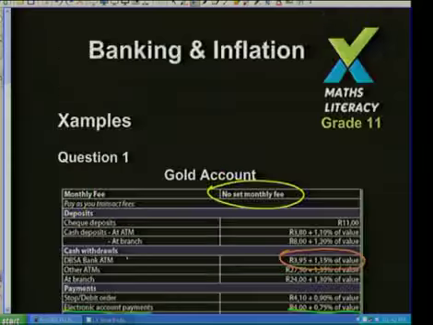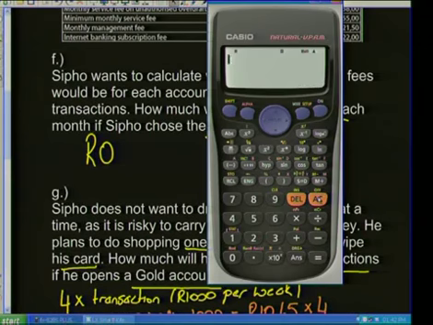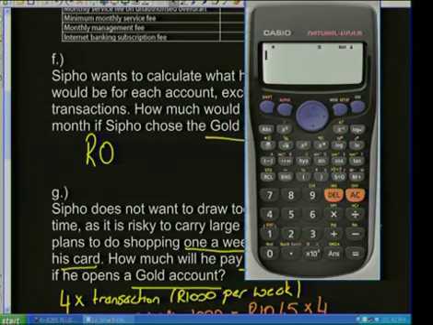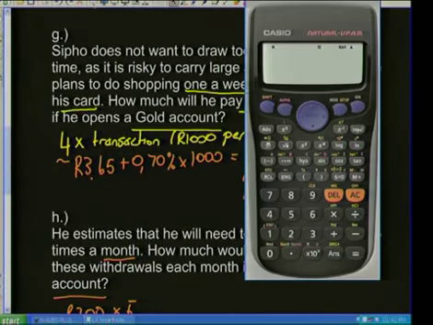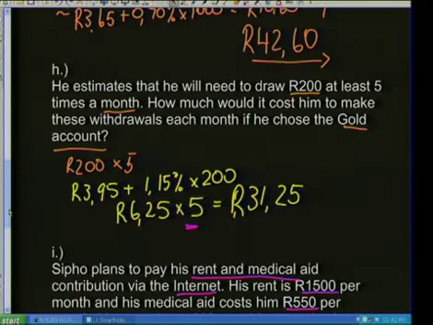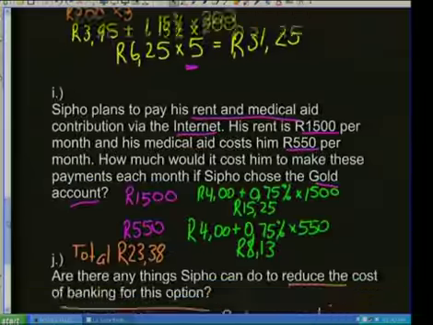Well, let's go back to our gold account, and we're going to have to add these all up. So firstly, he pays nothing for the transaction fees. He pays 42.60 Rand there. Then he pays 31.25 Rand. Check that you're entering the correct amount.